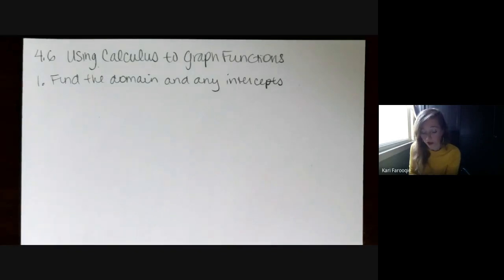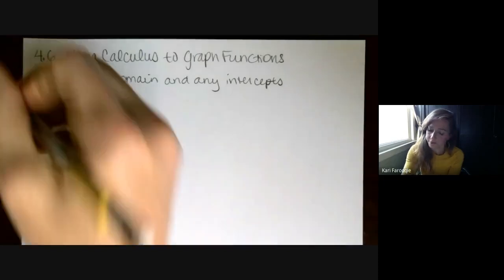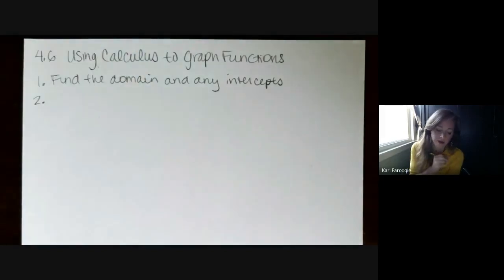When I'm done with these 7 steps, if you want to put a giant box around this or highlight it, as long as it's easy for you to find, I just want to make sure that you understand everything you're supposed to find and you don't miss any of it. The second thing you're going to do is identify any asymptotes and examine the end behavior.